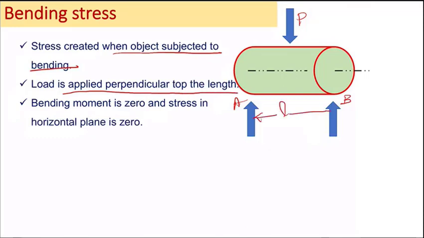Here, this is the length of the object and the load is applied perpendicular to the length. Bending moment is 0 and stress in the horizontal plane is 0. Stress is created only in the vertical plane because the load is applied in a vertical line.